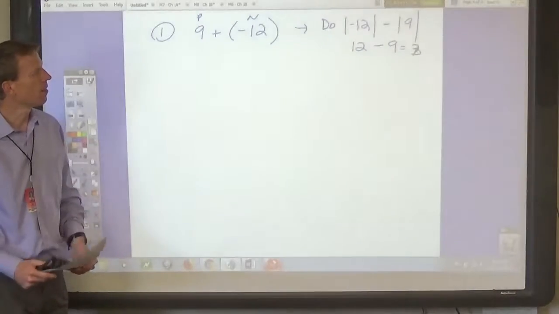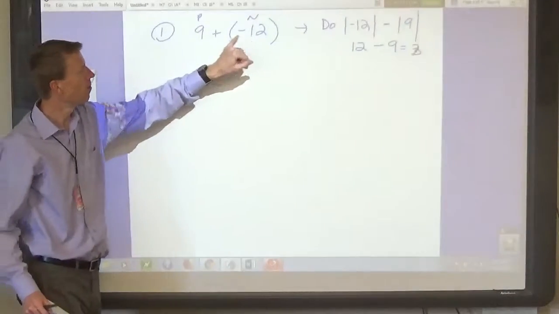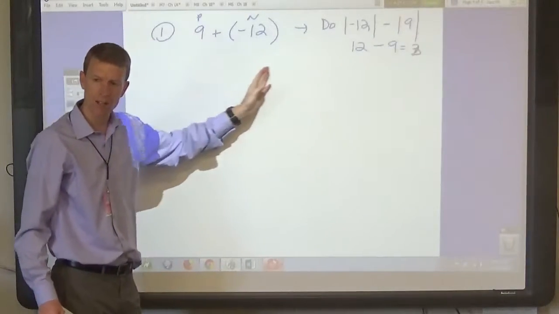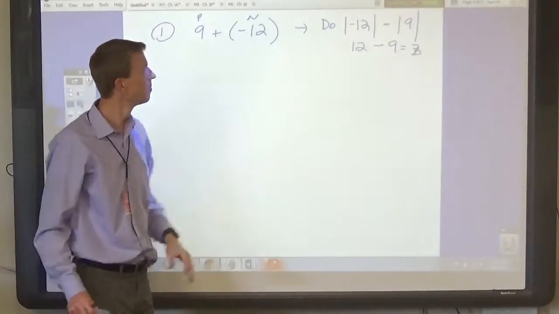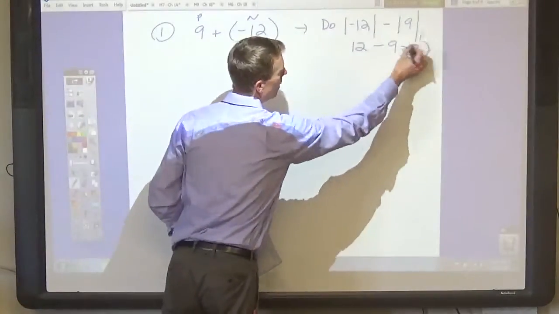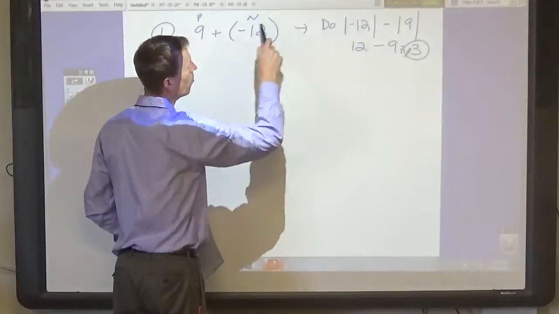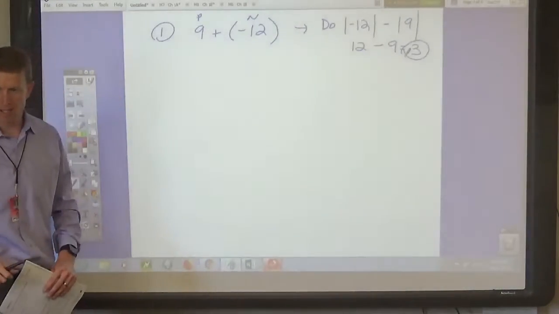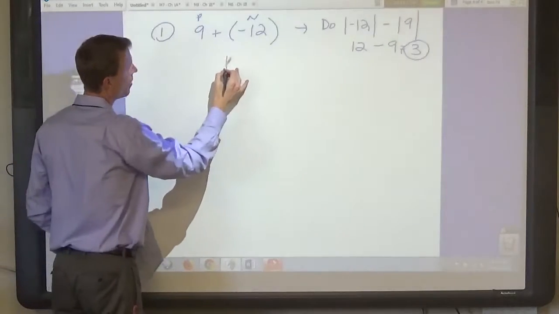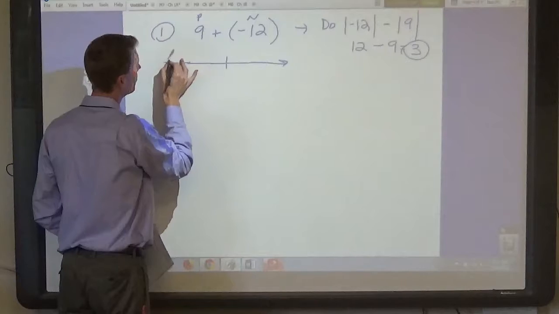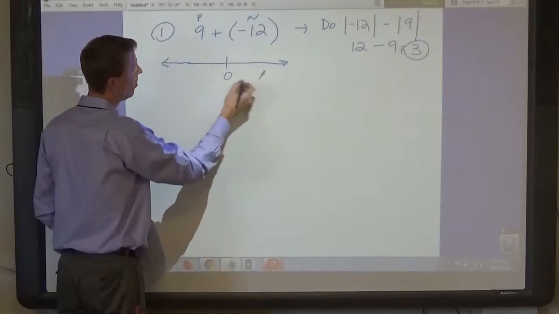So you can think negative 12 plus 9. Those are opposite moves on the temperature. The difference is 3, and since the negative is more negative than the 9 is positive, or if you think of it on a number line, this is 0.